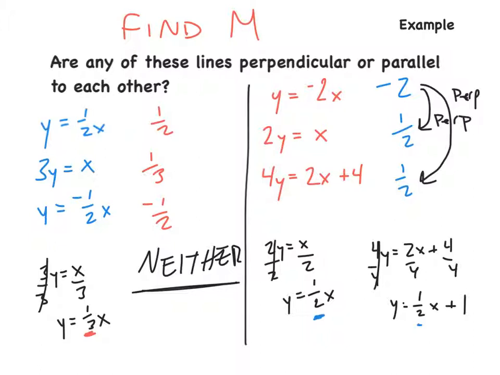Now, are any of these parallel? By that, are there any similar slopes? Well, we got 1/2 and 1/2. In that case, these are parallel. So remember, basically all we got to do, find the slopes, then check to see if they're perpendicular or parallel.